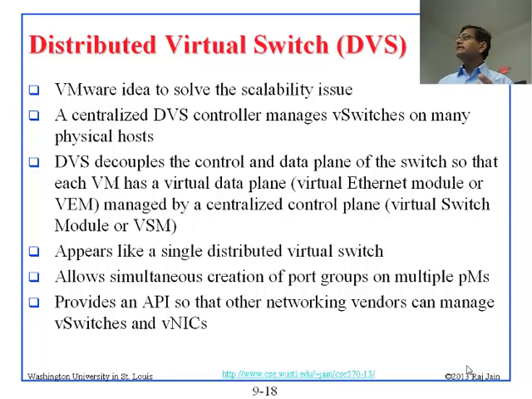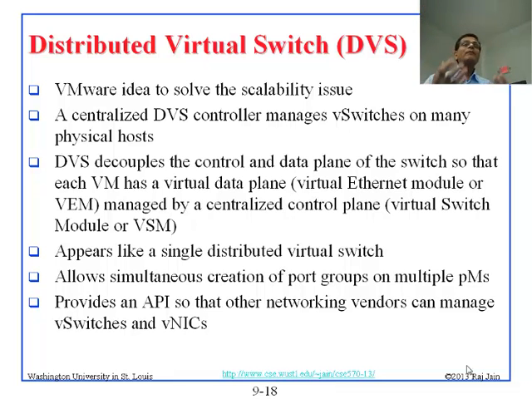VMware said that we don't have to have a vSwitch in every hypervisor. The hypervisor could be virtual in the sense that it is as if one hypervisor is extending inside all the machines. That way, instead of having 500 vSwitches, we could just think of one vSwitch, which is connected to all these VMs.